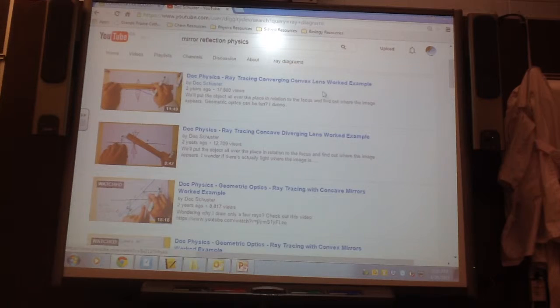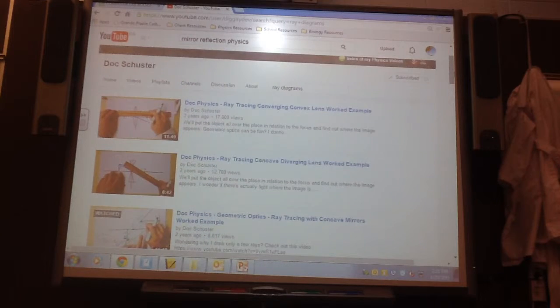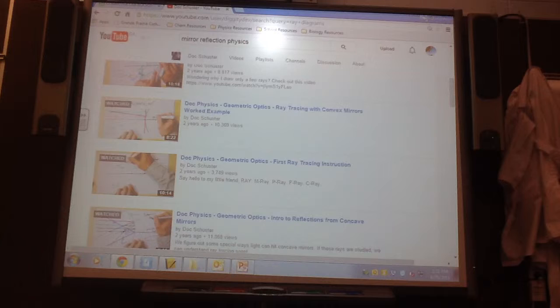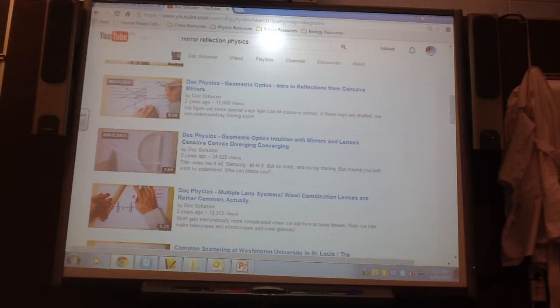And here you see there's the lens ones first, if you want to review those, and then concave and convex mirrors. I think you should do that at home. Make sure you really understand the basics of drawing the mirror and lens ray diagrams, and then he gives a couple more examples too.